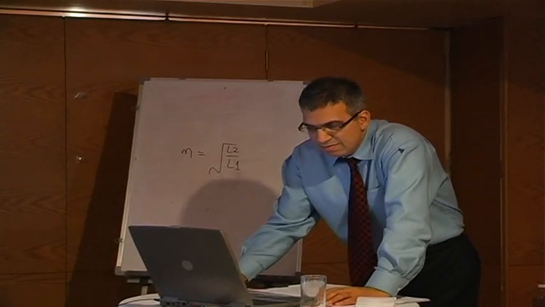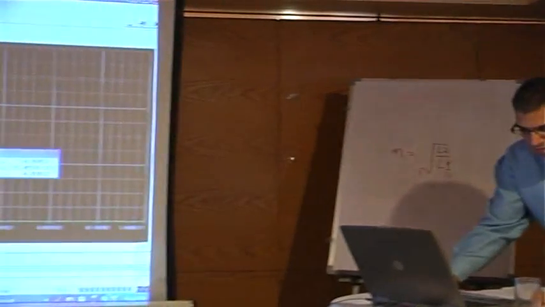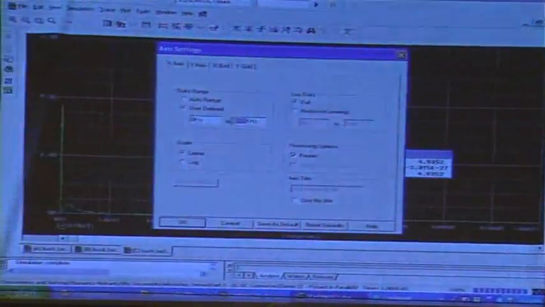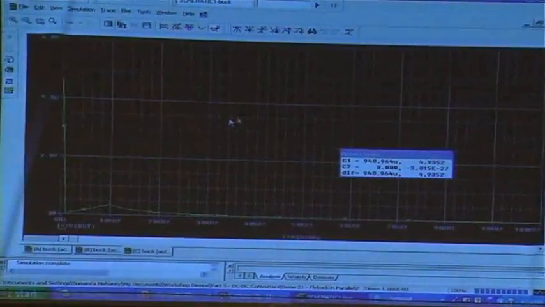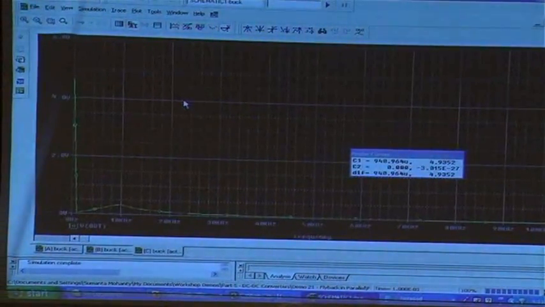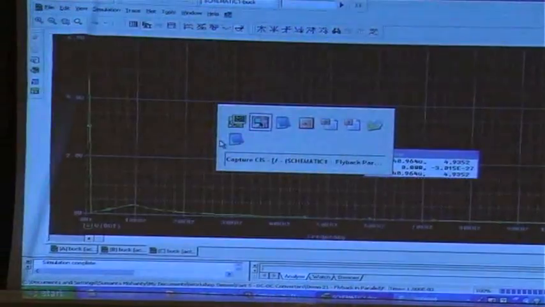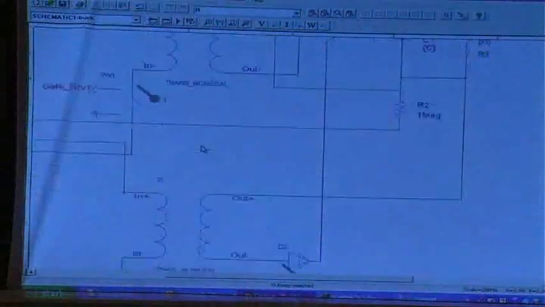The peak it is showing should be exactly 2 times the switching frequency, no? That is what I was hoping to see. But this peak here is at 10 kilohertz, and our switching is actually 200 kilohertz.